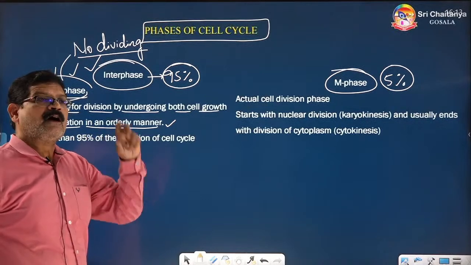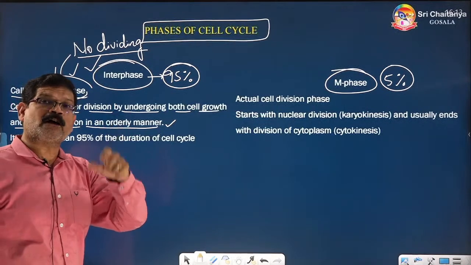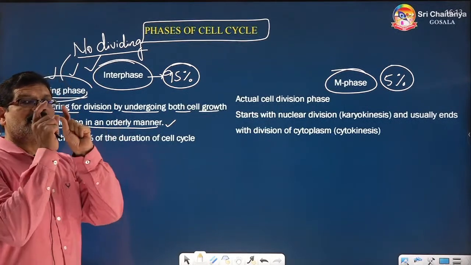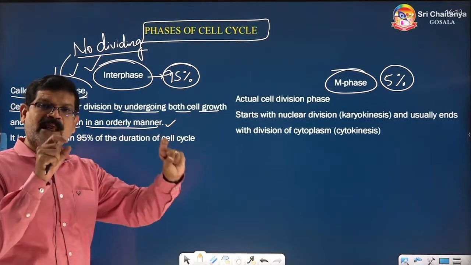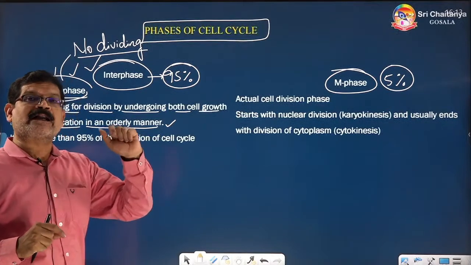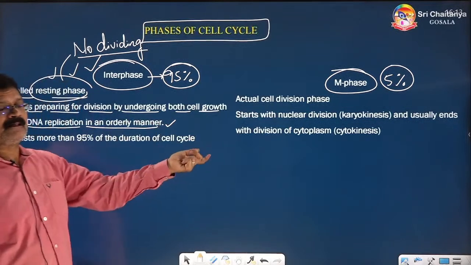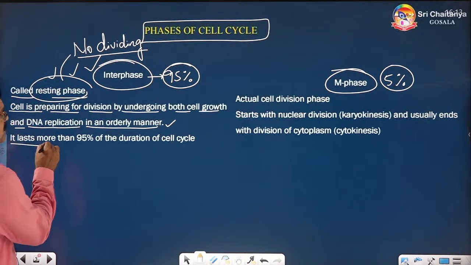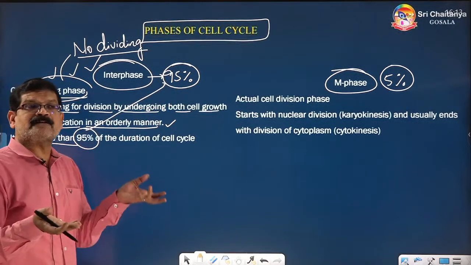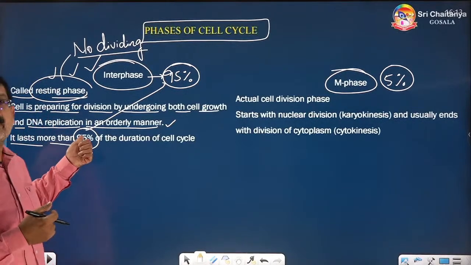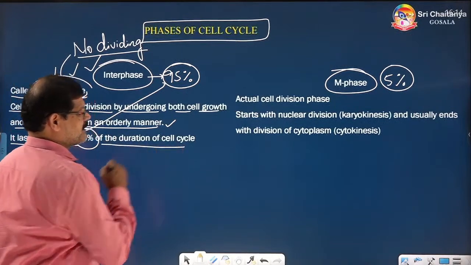One double-stranded DNA becomes 2 double-stranded DNAs, because it has to distribute the nuclear material into 2 daughter individuals alike. That's why it undergoes replication in an orderly manner. How it happens, we will watch here. It lasts 95% of the total duration of the time interval required for the cell cycle.